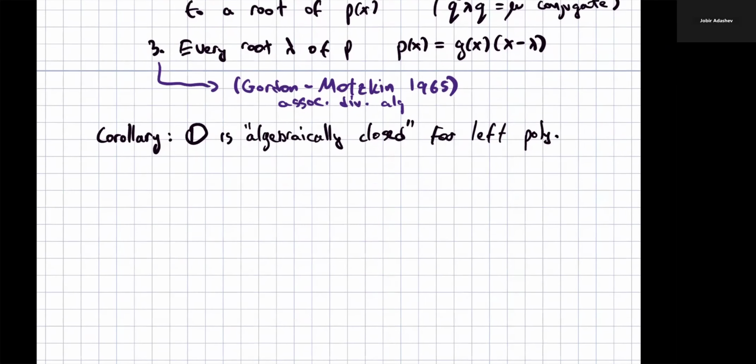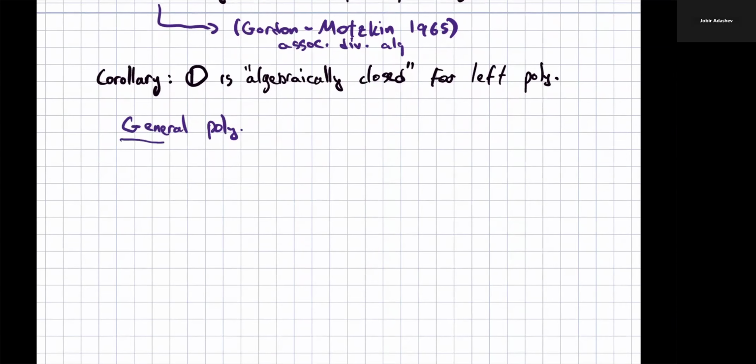The second type of polynomial ring is general polynomials. Well, for an associative algebra, what we do is we take these monomials of the form A0 x, A1 x, ..., x An, and this is a degree n monomial.